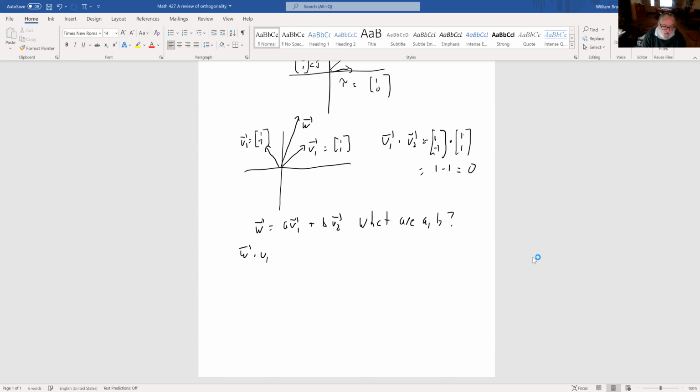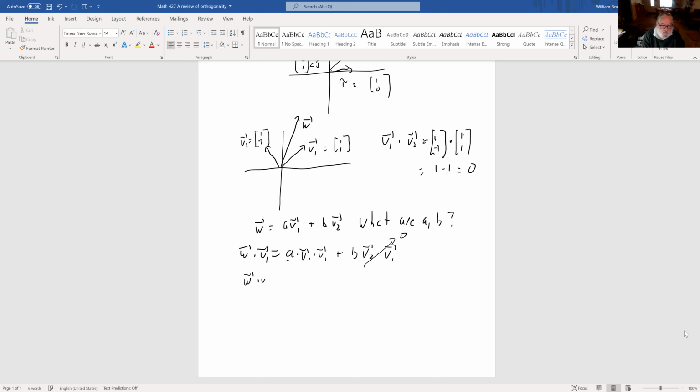W dot V1 equals A times V1 dot V1 plus B times V2 dot V1. So I get an equation that involves the number A, but this term I know is 0 because they're orthogonal.